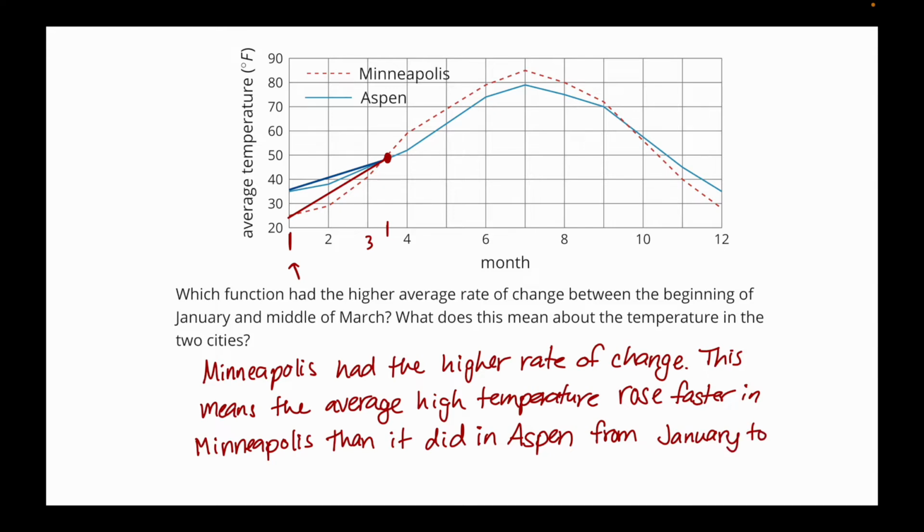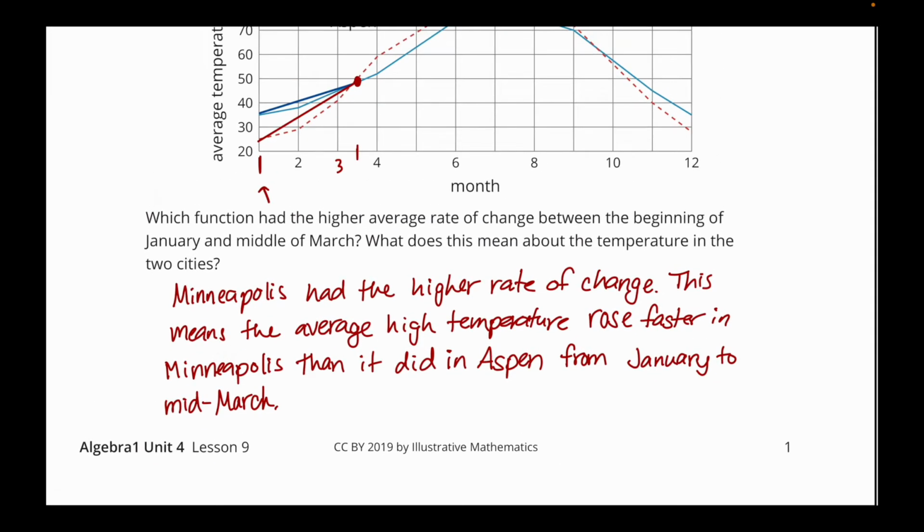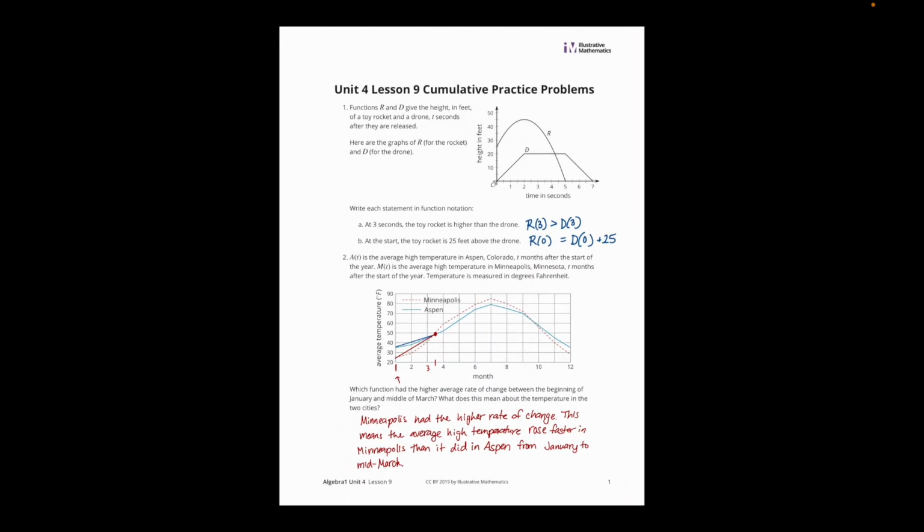January to mid-March. Oops, and March is a month, so we're going to give that a capital letter. I know this isn't English class, but we should still be proper when writing our sentences here. Okay, and that's the front page, just those two questions, so let's move on to the next page.